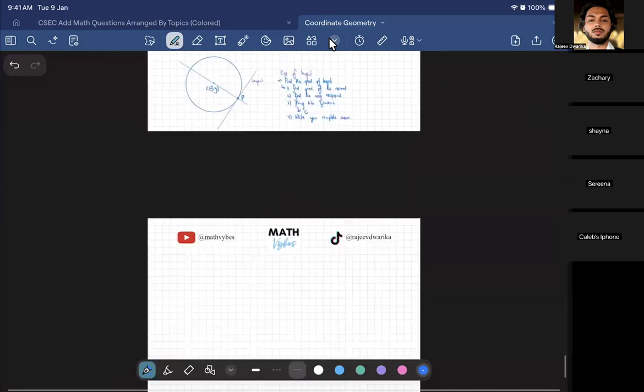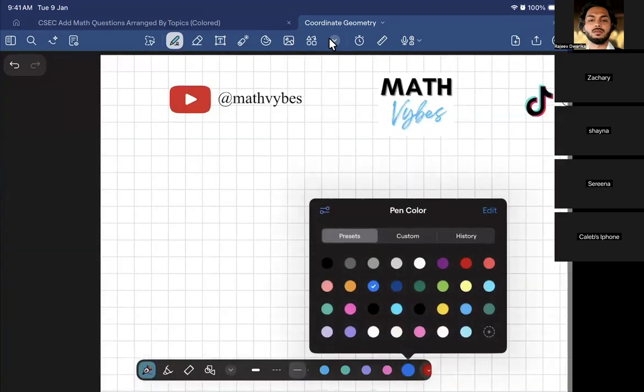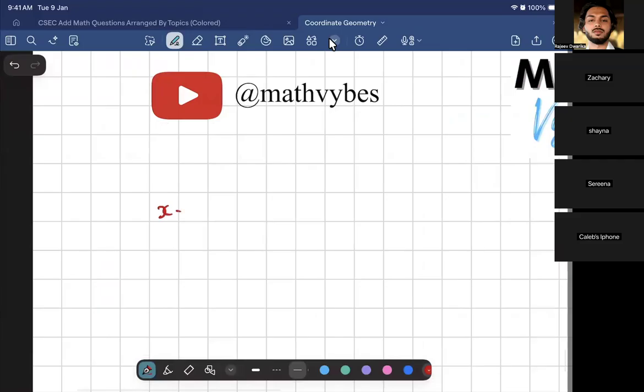Okay, great. Some other things that you should keep in mind. At the x-intercept, what do we know? y is equal to 0. Great, this is very valuable information.